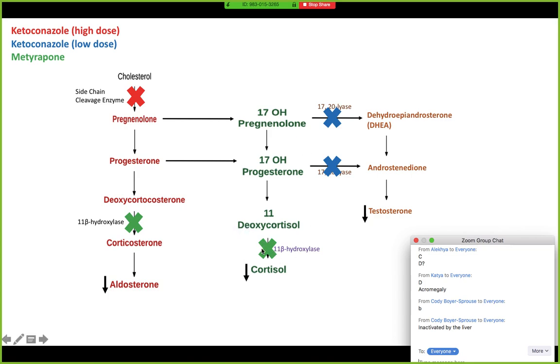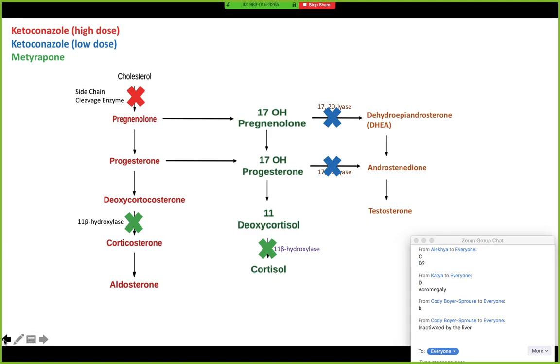So right here, if you give metyrapone and you inhibit 11 beta hydroxylase, you're going to see a decrease in cortisol. So if you give metyrapone and you see the decrease in cortisol, but you don't see an increase in ACTH as a result, that tells you that your problem is likely either in the pituitary or the hypothalamus.